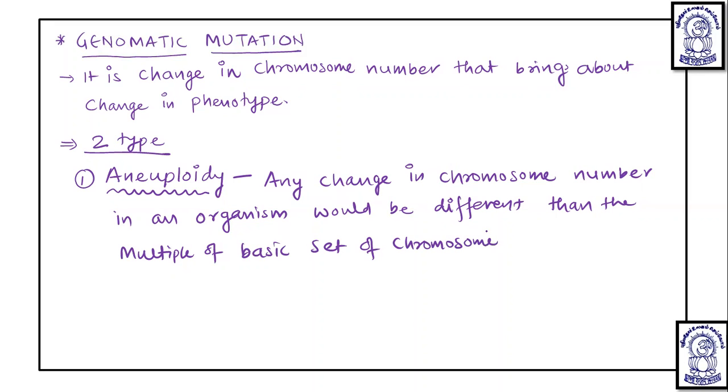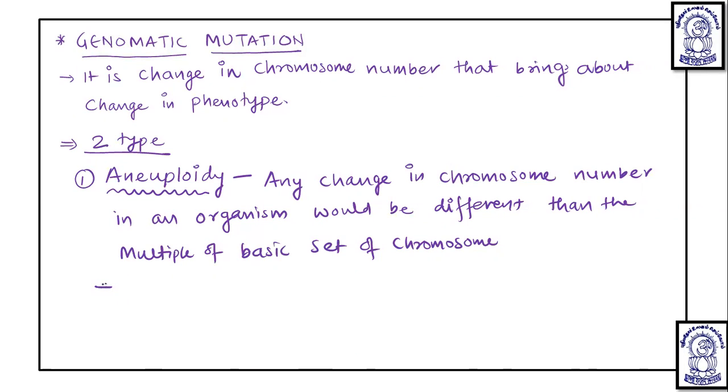If we talk about humans, in humans there are 46 chromosomes. If it becomes 47, 48, 49, or it becomes 45, 44, 43, like this, if variation in the chromosome number is seen, then it is nothing but aneuploidy.